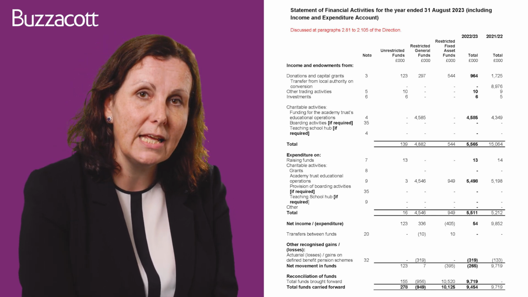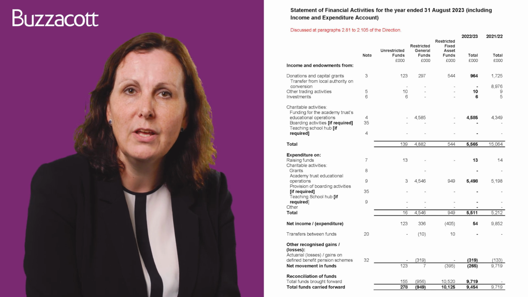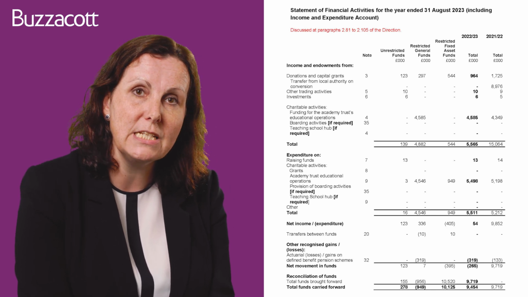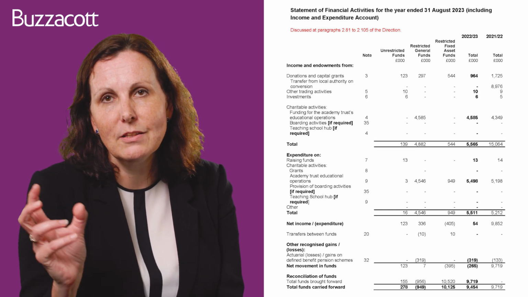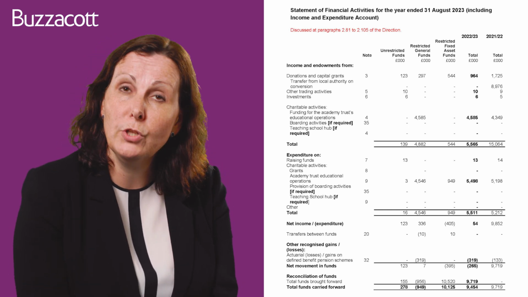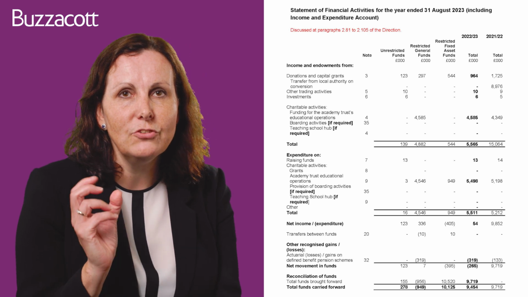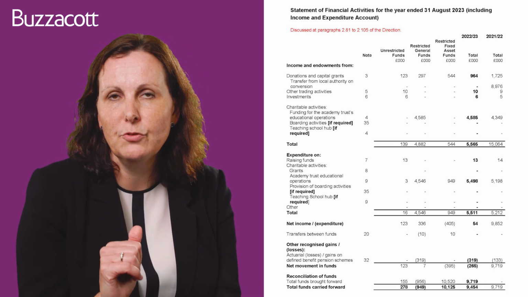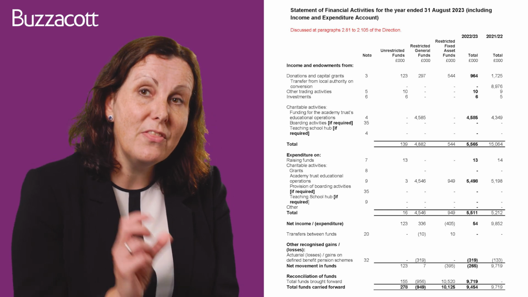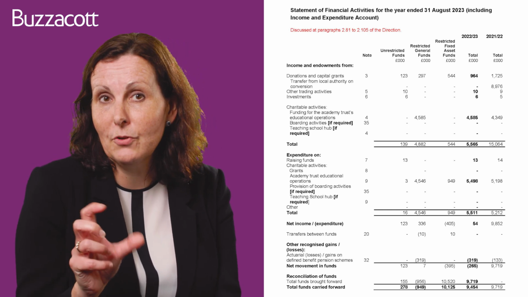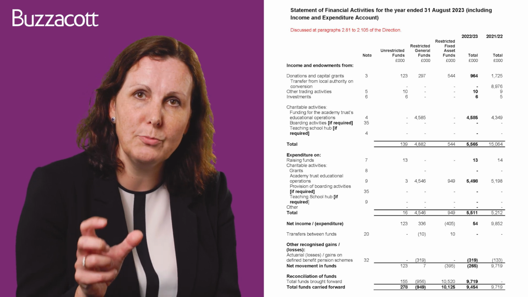This is by looking at your unrestricted funds plus the movement on restricted general funds, so excluding the restricted fixed asset fund. But what you also need to do is to strip out the pension reserve movements from your restricted general funds. And that's the figure that you should then be able to reconcile back to your management accounts figures at year end.